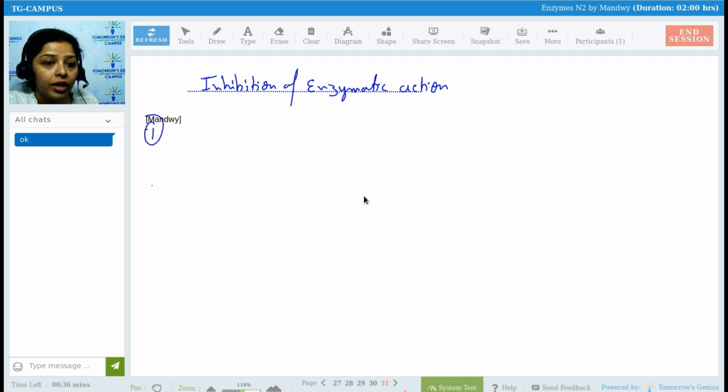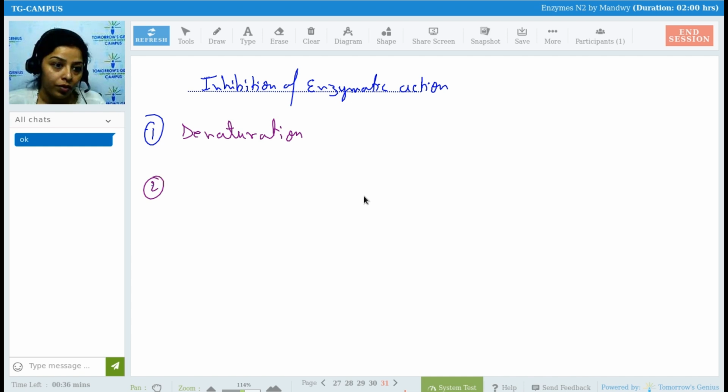So first is denaturation of the enzyme or the protein. This is one way to inhibit the enzymatic action. I'm not going to explain it because you already know, right? Yes, ma'am. Another way to inhibit the enzymatic action is by competitive inhibition.